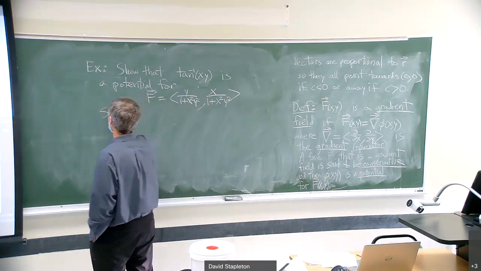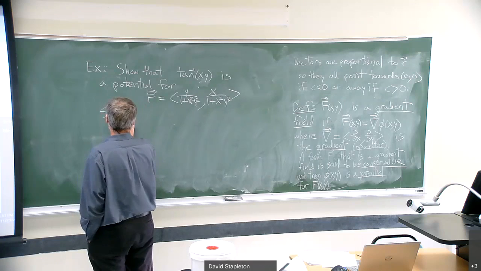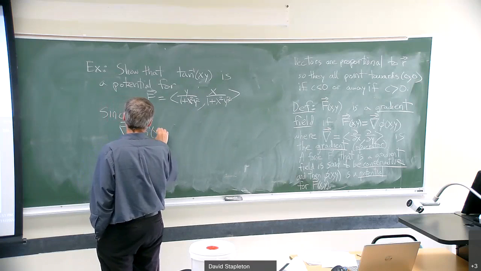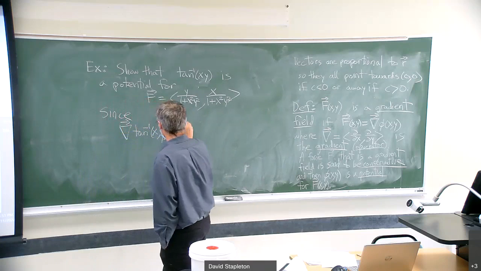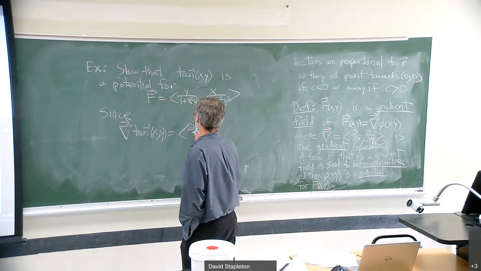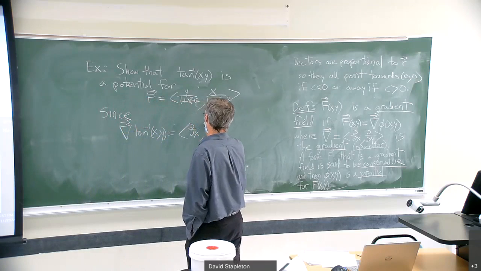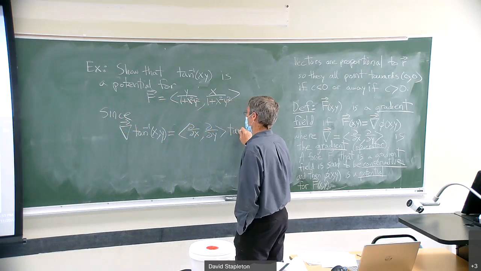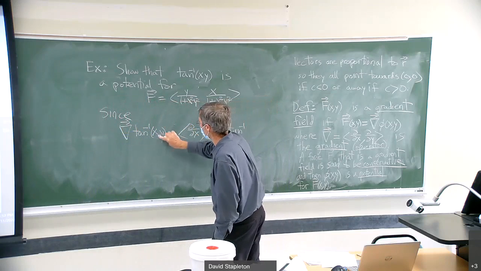We would say since the gradient of the proposed potential arctangent of xy is what? It means take d dx, d dy, and operate on the function arctangent xy. I keep putting that comment in there, don't I?